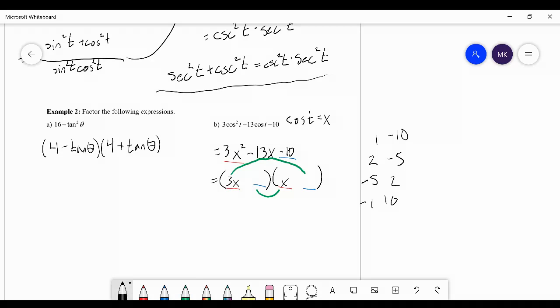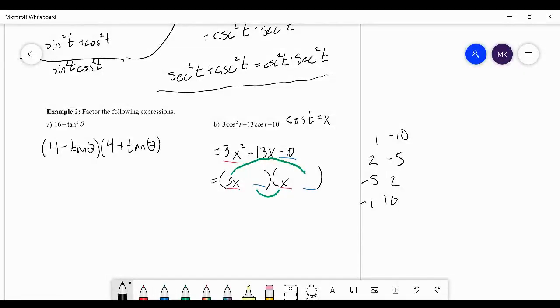So if I multiply one of these by 3, and don't multiply the other one by 3, and I add them together, I need to get negative 13.